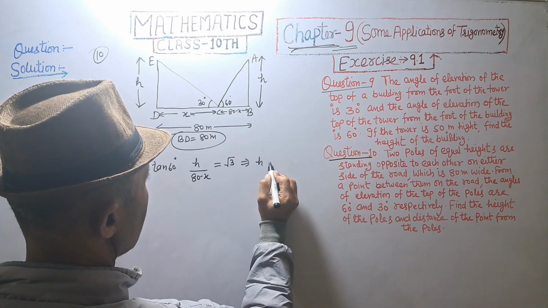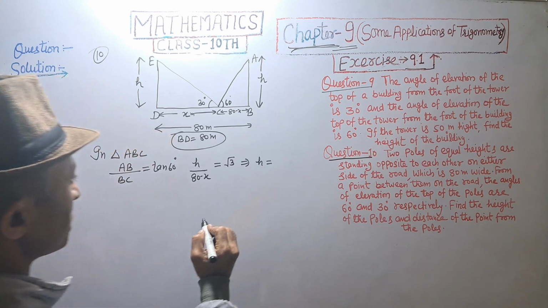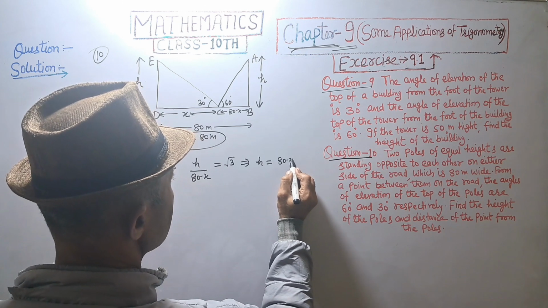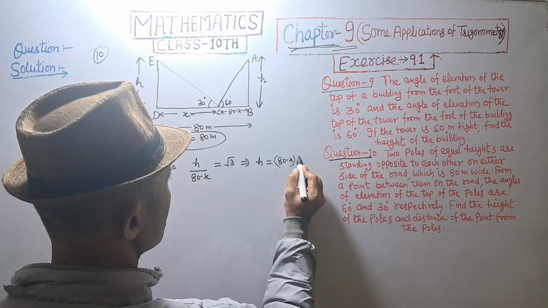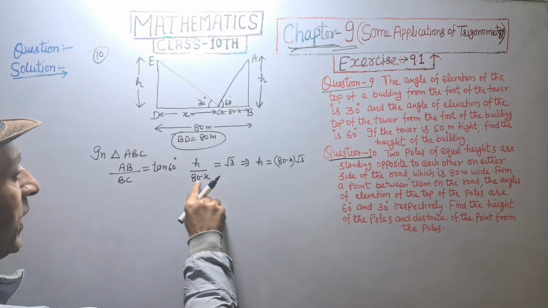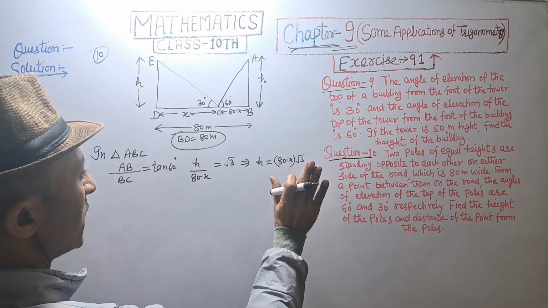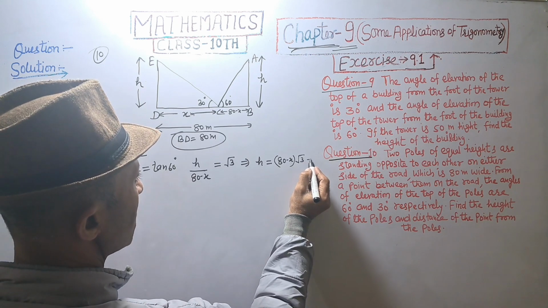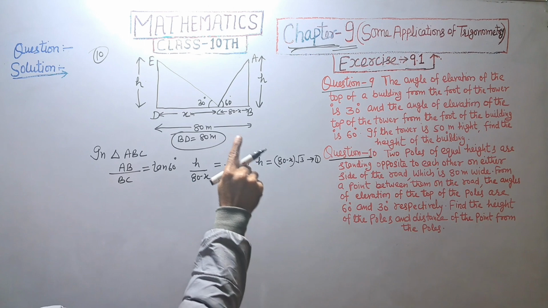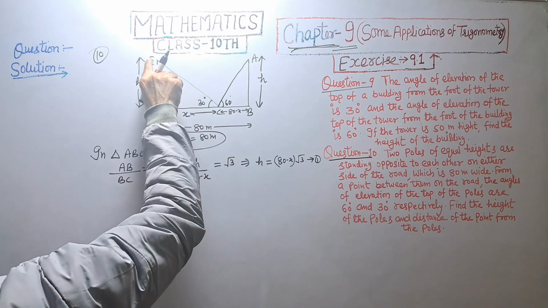This implies H is equal to 80 minus X into √3. It's equation number first.